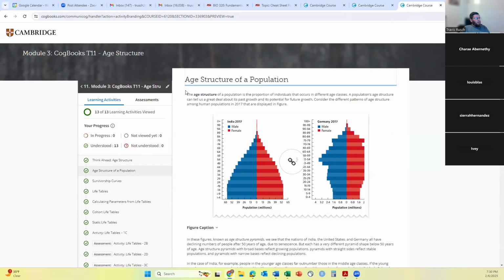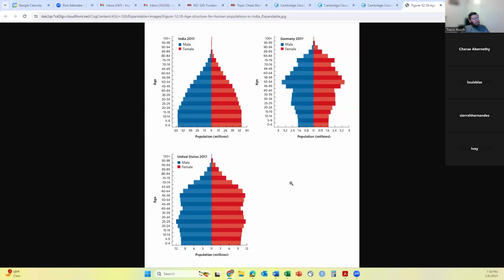This one talks about age structure of populations. And I will say these figures and understanding them conceptually is going to be important for the exam. You're going to see them again. What are they telling us, right? We have population on the x-axis, and it's a split axis, right? 0 is in the middle, blue is male, red is female, so it just divides it by sex.